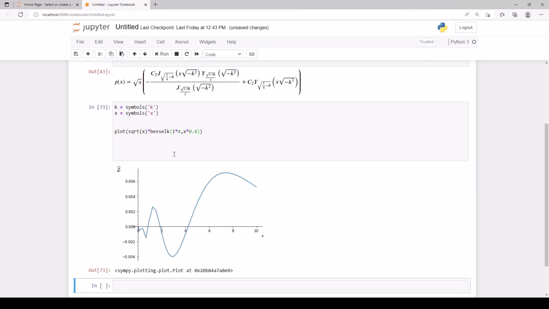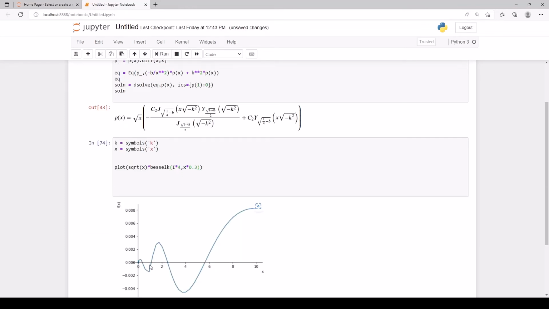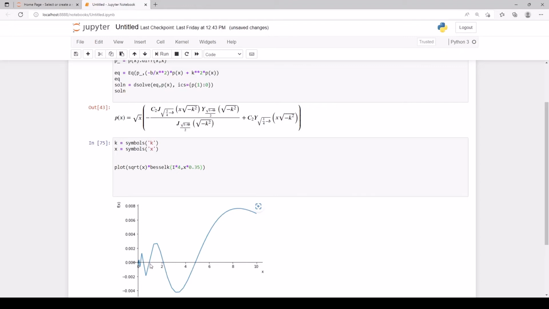That's almost there. Let's do like 0.3. Okay, between 0.4 and 0.3 at some point, the zero crossing goes from one side to the other. So let's do like 0.35. Okay, that's about as close as I'm willing to get at this point.